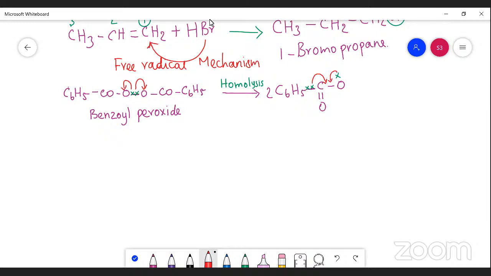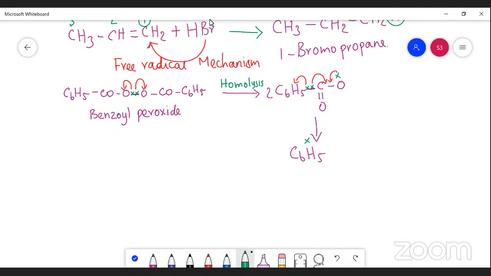So we are getting a phenyl free radical. What is the product here? It is C6H5, and it is a free radical because it has only 1 electron. So, the phenyl free radical.